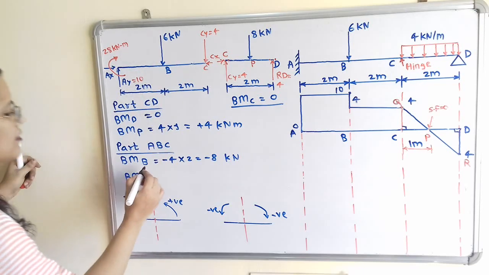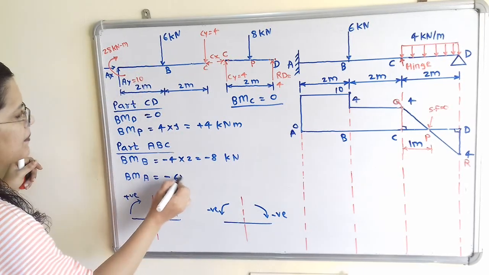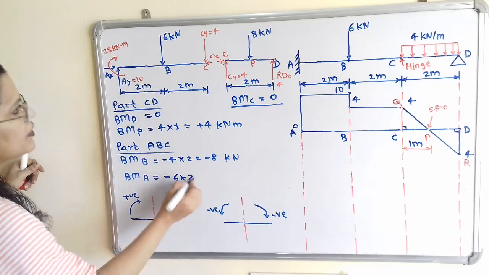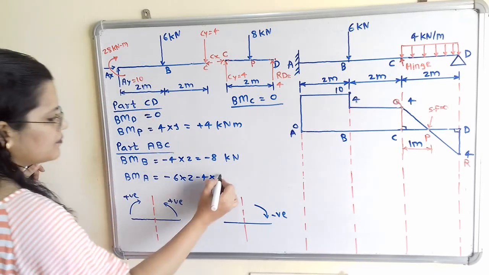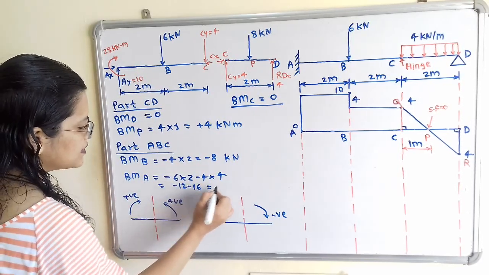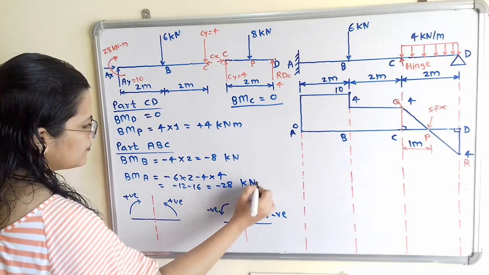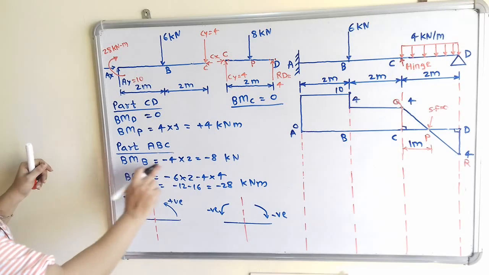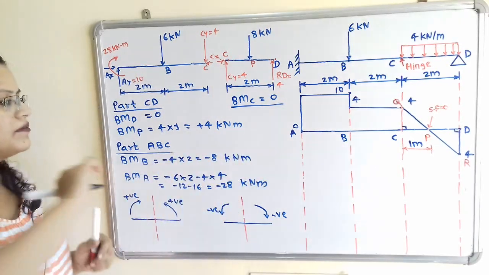So we will take here negative sign: minus 6 multiplied by distance 2, minus 4 multiplied by distance 4. So when we calculate this, minus 12 minus 16 is equal to minus 28 kilonewton meter. So here bending moment at point B, here value is minus 8 kilonewton meter.